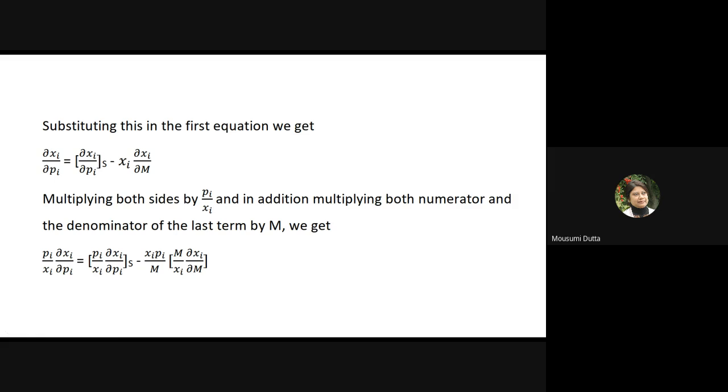Equation 2 is called the Slutsky equation. And this is the elasticity version of the same.